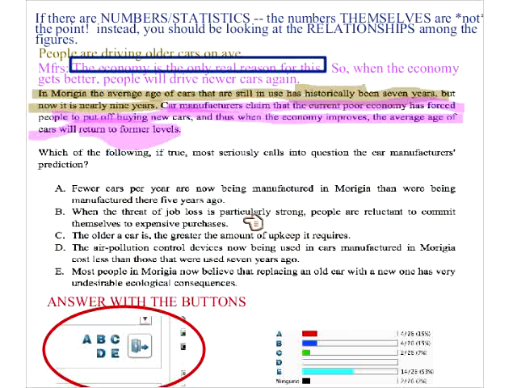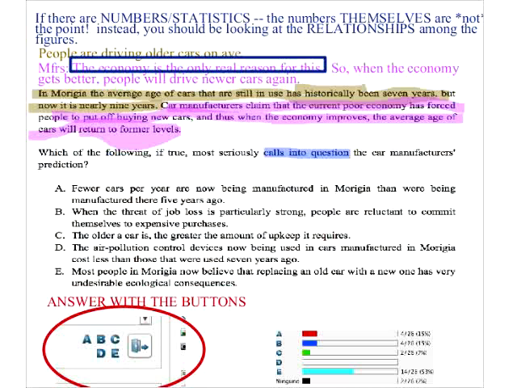This one, B, actually goes hand in hand with this. This is the economy causing people to do this. So if B is true, then it'll actually strengthen. Remember that call into question. If you don't know this, a couple of you picked these choices.